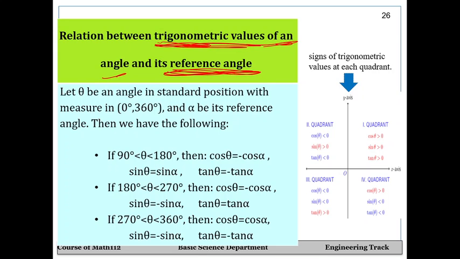If theta is the angle and alpha is its reference angle, then we have these relations. Depending on the quadrant of the angle, the trigonometric values of the angle theta and its reference angle are almost the same, except the sign.